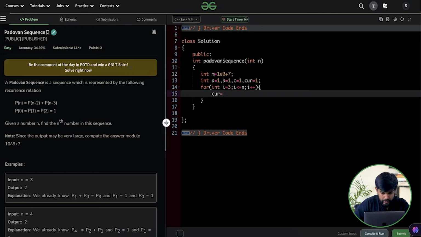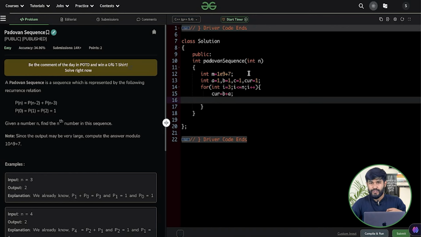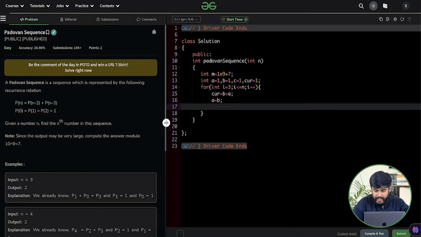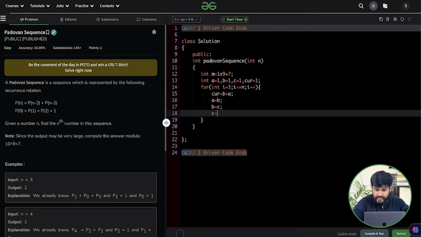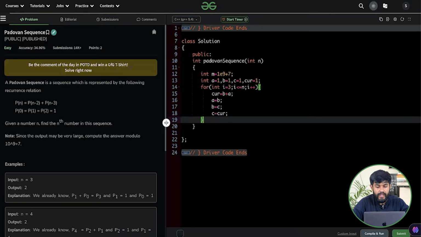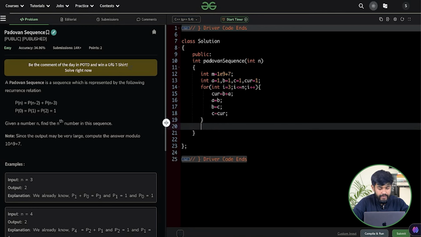Now we have calculated the value of current. In the next iteration, current would go to c, c would go to b, and b would go to a. So we would make a equal to b, then b equal to c, and then c equal to current. Okay, at the end we would return the value of current.